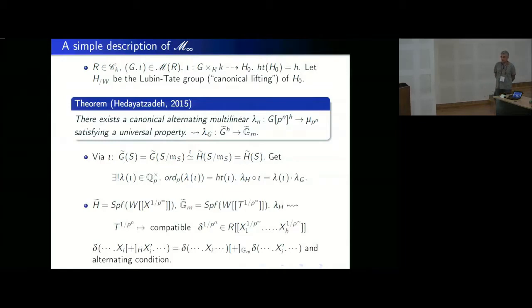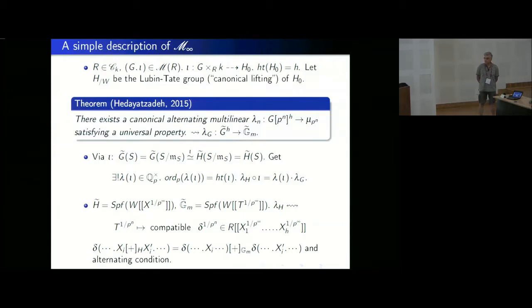And now let's look at the universal covering of H and the universal covering of Gm. H is a one-dimensional formal group, so I use X as a parameter on H and T as a parameter on Gm. And in this case, what does lambda H mean explicitly?